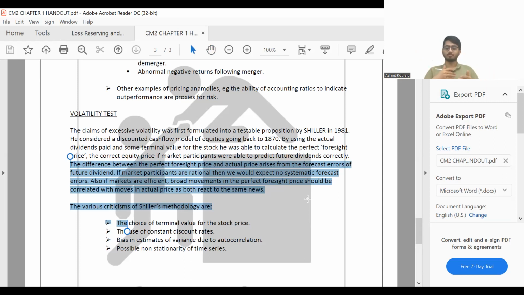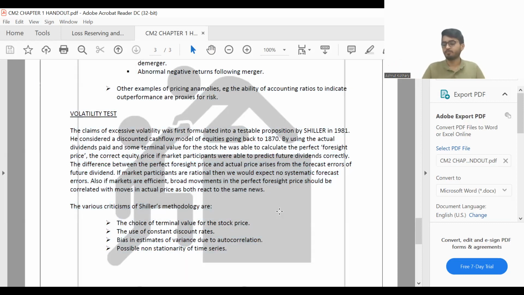This contradicts my assumption that the markets are semi-strong form efficient. If my markets are semi-strong form efficient, they should be reacting in the right quantum to any news. But if there is more volatility than expected, it means the markets are overreacting. Whatever news is coming, whether good or bad, the increase or decrease is very high, leading to high volatility, which contradicts my assumption that the markets are semi-strong form efficient.